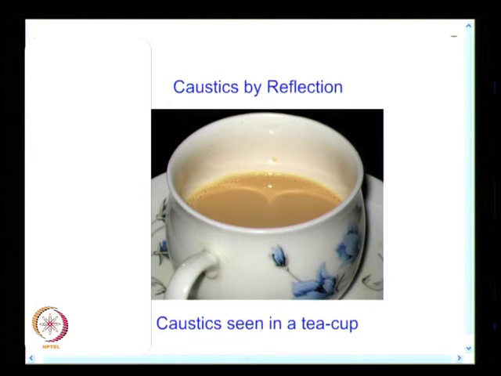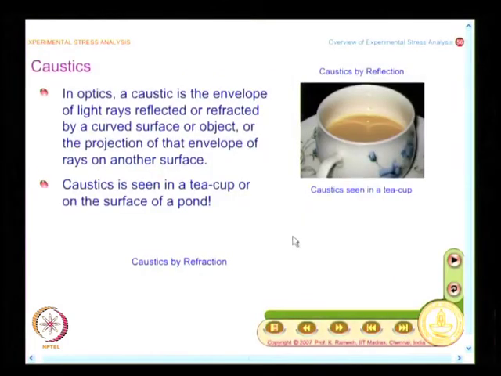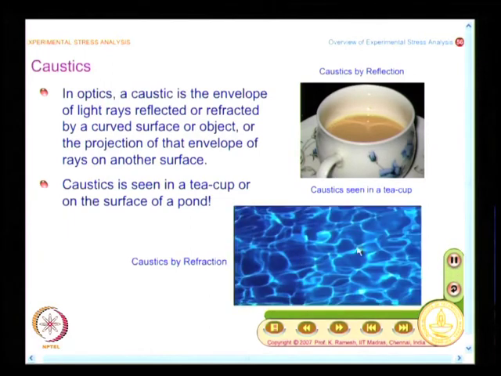And when you go to a pond, you may also see nice structures like this, and all these silver lines are because of the phenomenon of caustics. You might have noticed it, but you may not have named it. Now, you can go and see these are all nothing but caustics. So, caustics is seen in a teacup or on the surface of a pond.